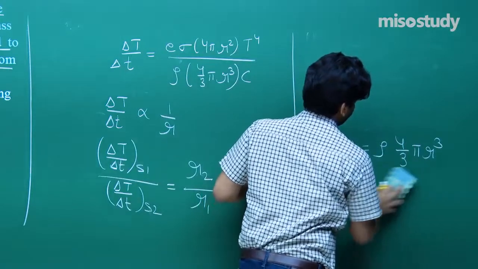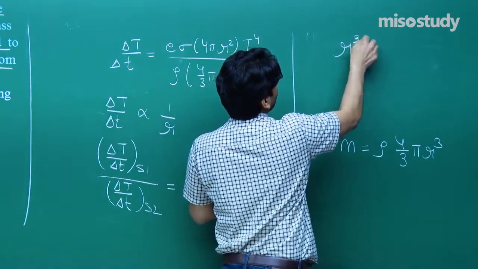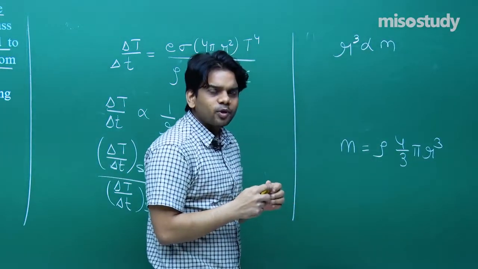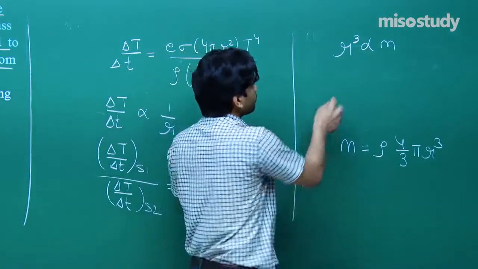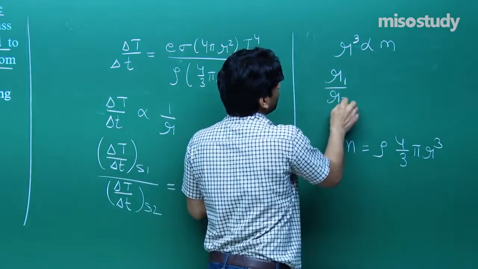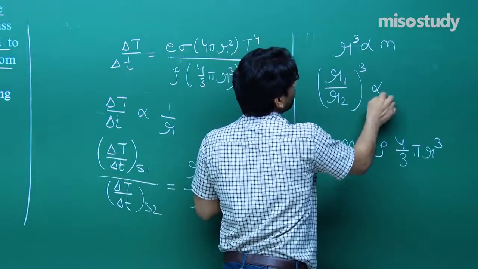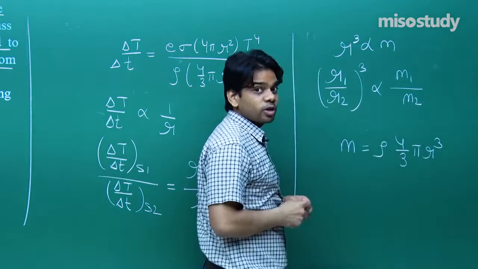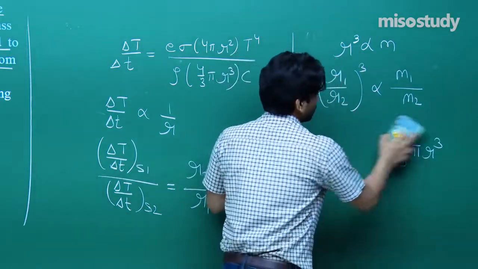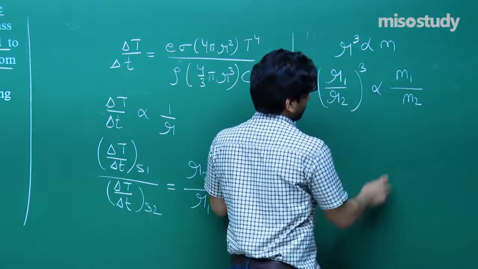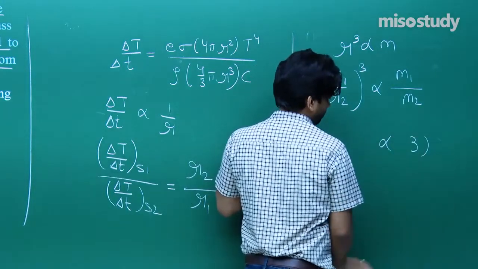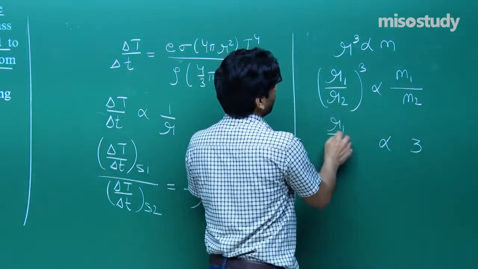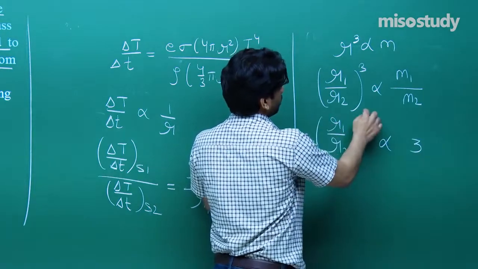Because m1 is thrice of m2, r1 by r2 whole cube will be proportional to m1 by m2, and m1 is thrice of m2. So this will be proportional to 3. This is what you can actually write.